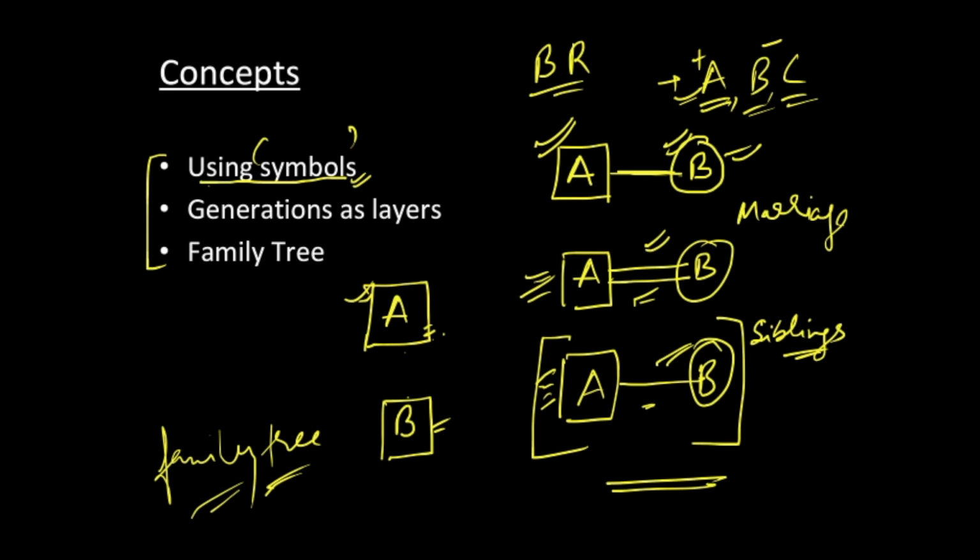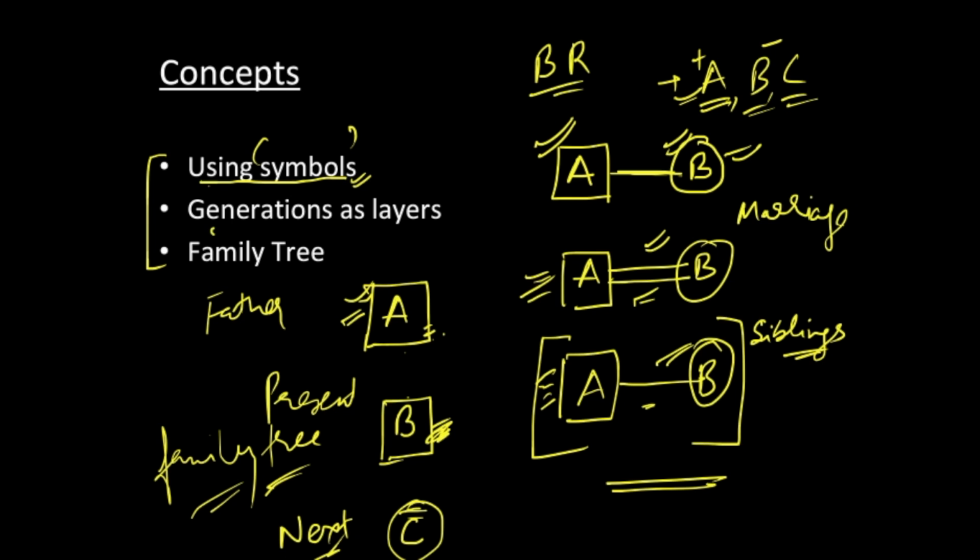But if there's a generation gap, that is, if A is of the father's generation and this is your contemporary present generation, anyone who is born to you would be beneath you, right? Let's say C is your daughter, this is B, and C is B's daughter. The position of C should lie beneath B, right? This is the next generation.